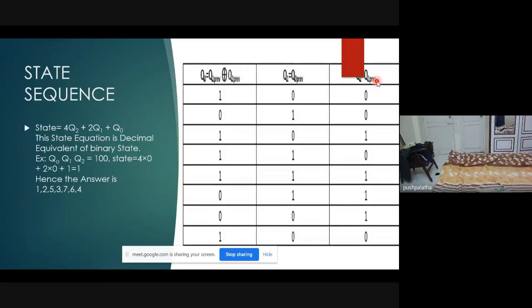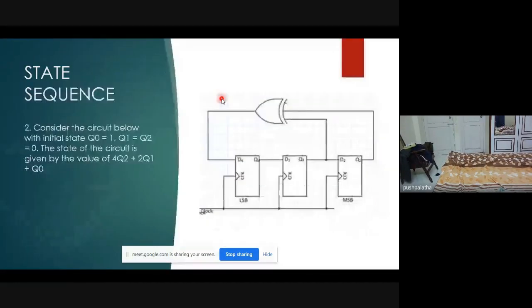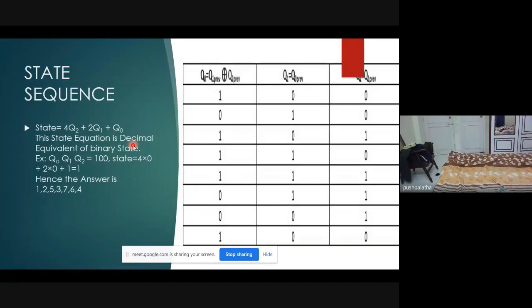Okay, right. So initially I have taken my Q naught value equal to 1. This is given, right? See, look at this. Q naught value is given as 1 and Q1 equal to Q2 equal to 0 is given. So initially my Q naught value is 1, and Q1 value is 0 and Q2 value is also 0.